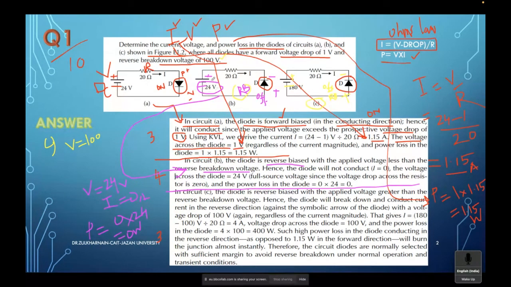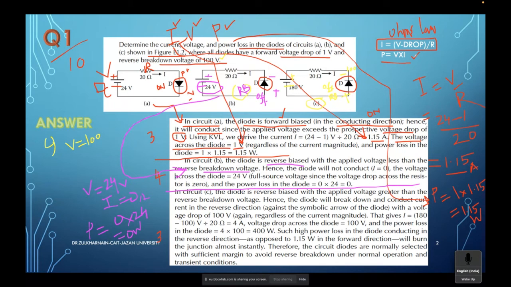In the second case, 24 volts is less than 100 volts, so 24 volts will come here. In this case, 180 volts is greater than 100 volts, so 100 volts will come here. So the voltage across the diode will be 100 volts.